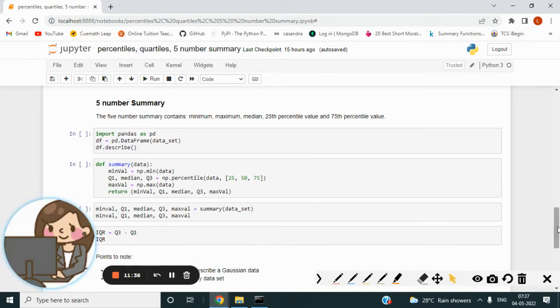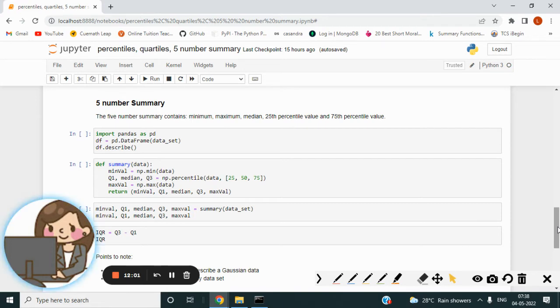But suppose you have a very large data set, of say 1,000 values, or a multi-dimensional data set, then it won't be easy to get an understanding of the data set, right? In that case, we come up with the 5-number summary. This is usually used to summarize a data set.